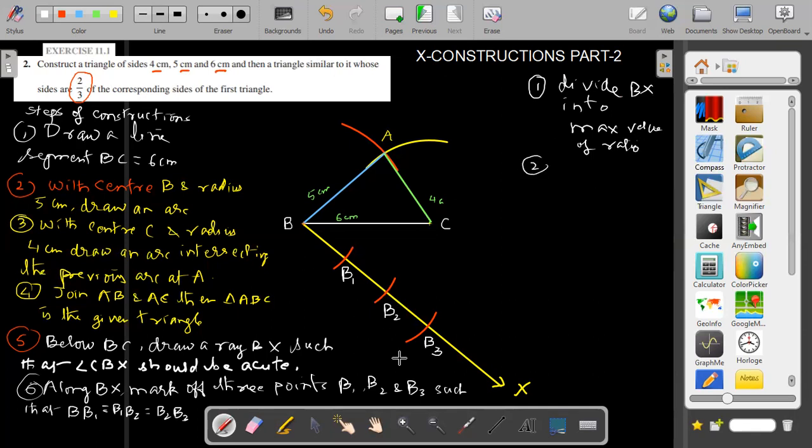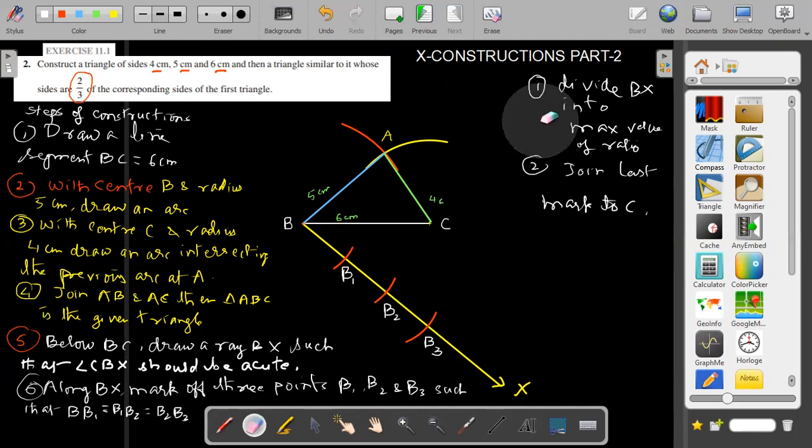Here the denominator is maximum, so we will divide into 3 parts. If the numerator is bigger, you will divide into that number of parts. Do not add, only the maximum number. And third, you have to join the outermost part, that means B3 to C, joining the last mark to C. These two things you have to remember.